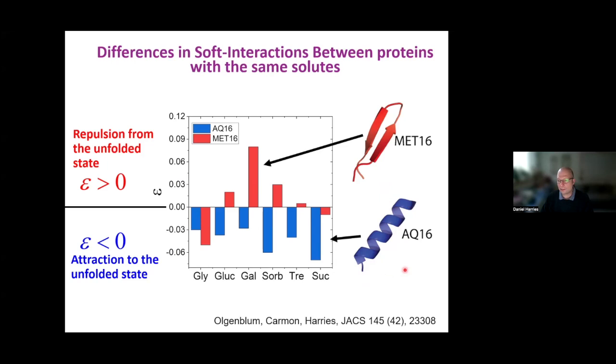On the other hand, for this alpha helical protein, the interaction is favorable, it's sticky. So basically the solutes of this type, sugars and polyols, stick to the unfolded state of this alpha helical former.